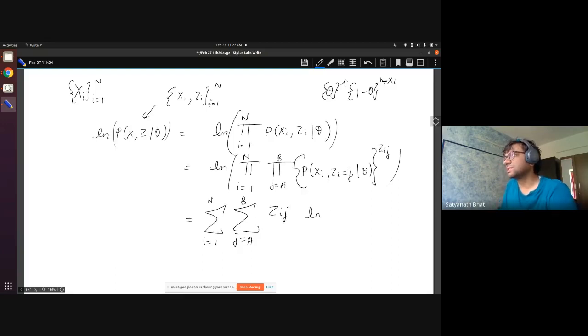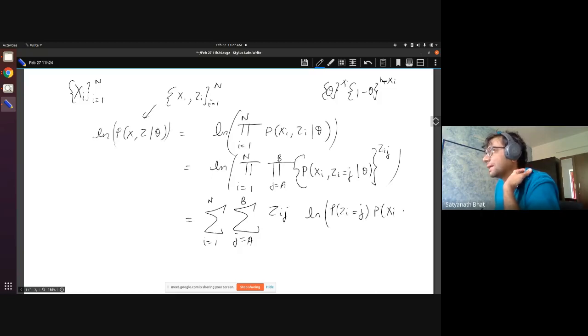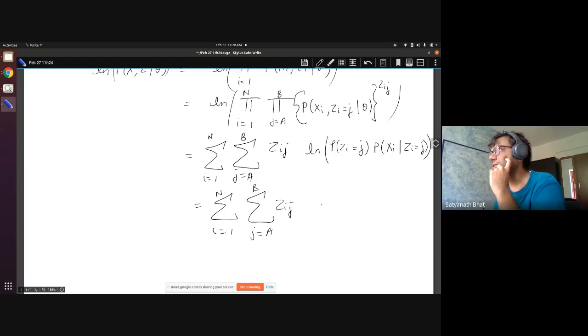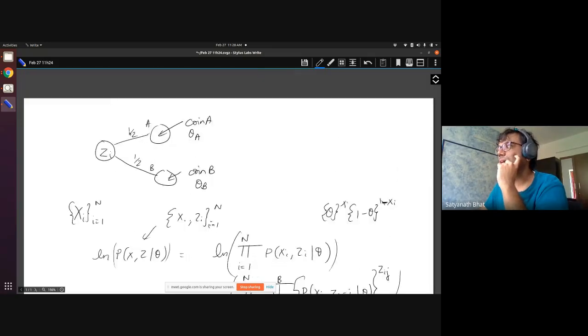Now what is this? This has two parameters. First you have chosen the probability that you choose zi equal to j, into the probability you get xi given zi equal to j. This is okay, right? So now this is summation i equal to 1 to n, summation j equal to A and B, zij. This probability is half, if you remember our coin model.